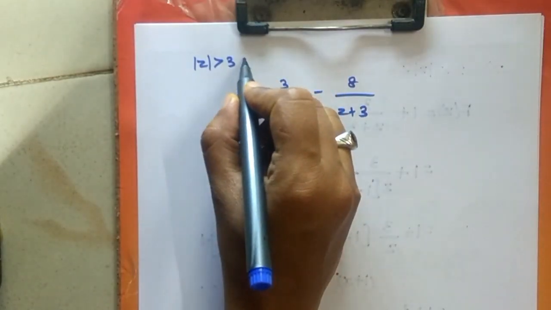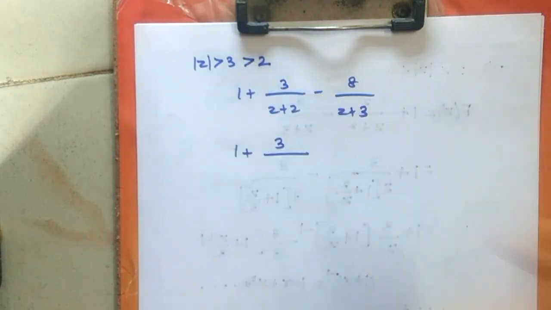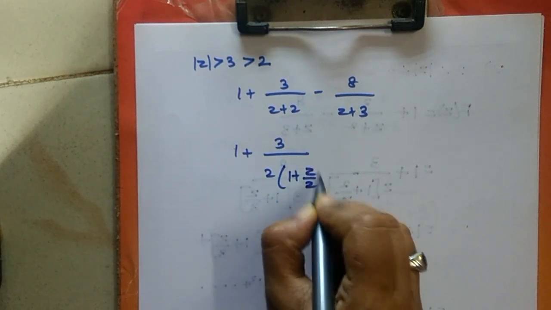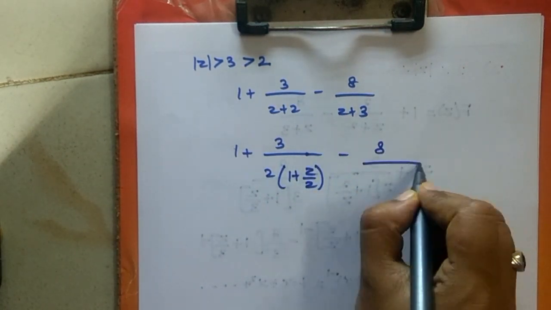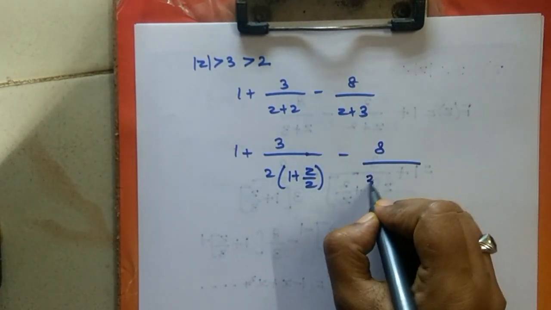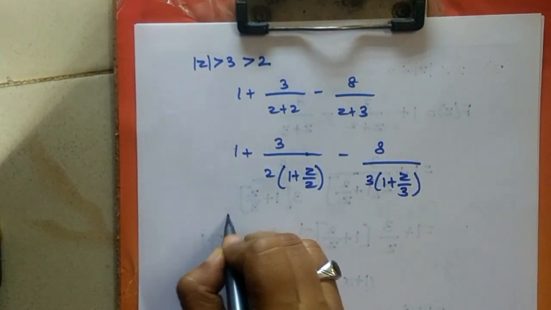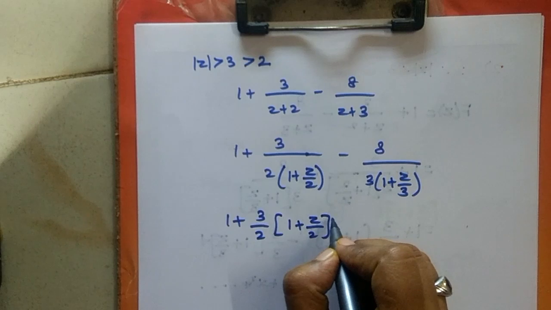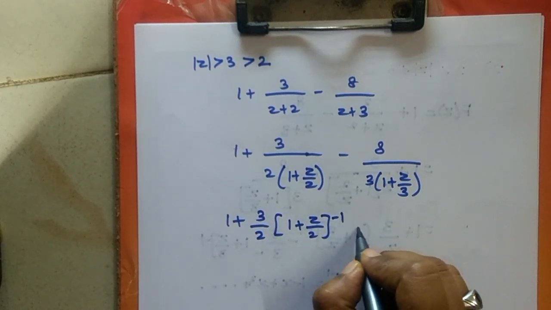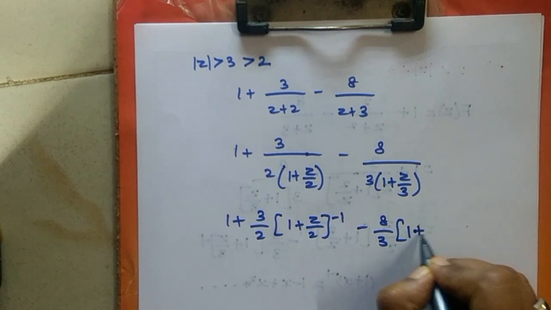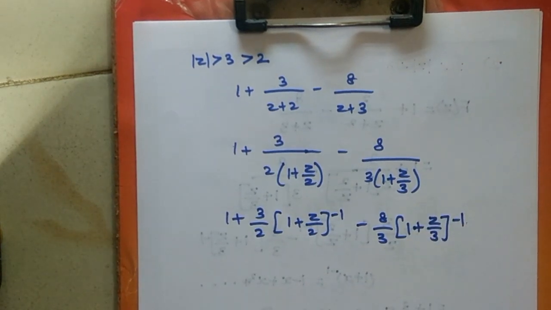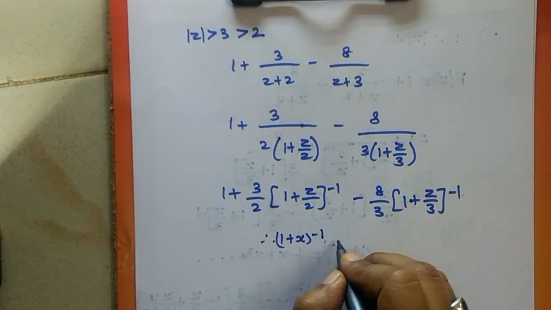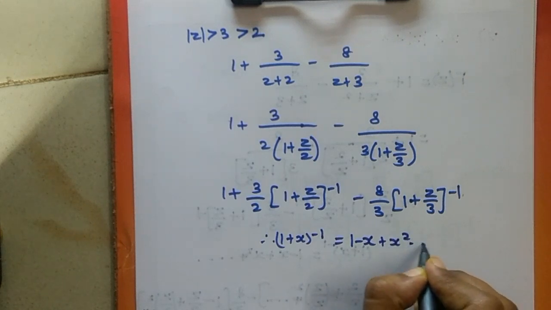Z greater than 3 is obviously greater than 2, so we take common 2: 1 plus z by 2. Minus 8 divided by, here we take common 3, it comes 1 plus z by 3. 3 by 2 into (1 plus z by 2) to the power minus 1, minus 8 by 3 into (1 plus z by 3) to the power minus 1. It looks the same as the formula for (1 plus x) power minus 1, which is 1 minus x plus x square and goes on.